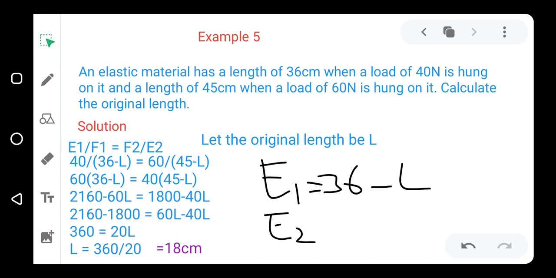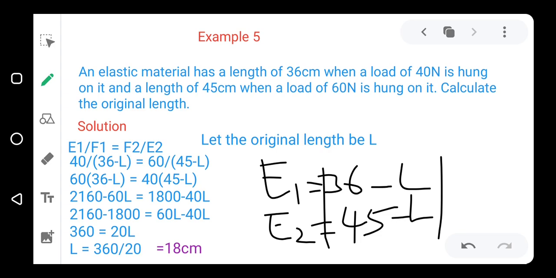So E2, or the second extension, is equal to 45 minus the old or original length, which is L. So this represents the values for our E2 and E1.